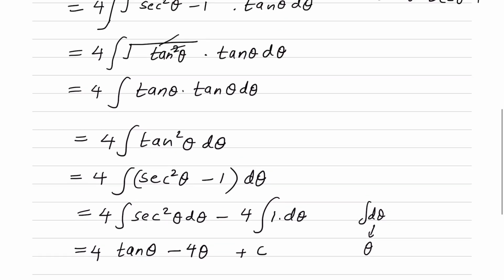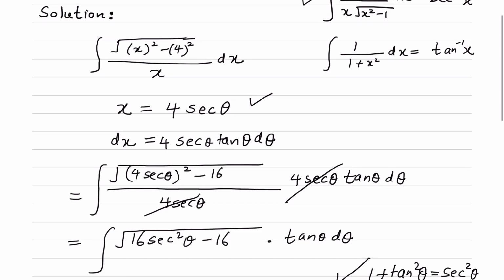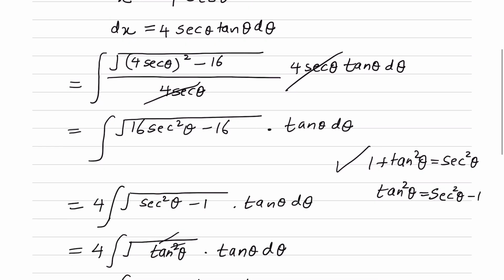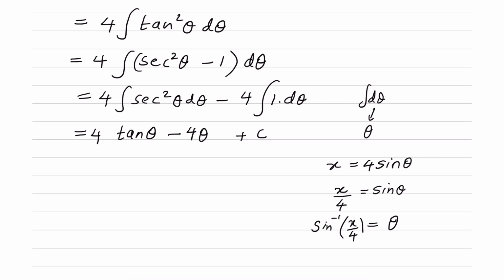But remember that theta was not originally the part of our question, so we'll go back up and see x was taken as 4 sine theta. From here we will extract the value of theta. First we will write x by 4 is equal to sine theta, and then theta is equal to sine inverse x by 4.